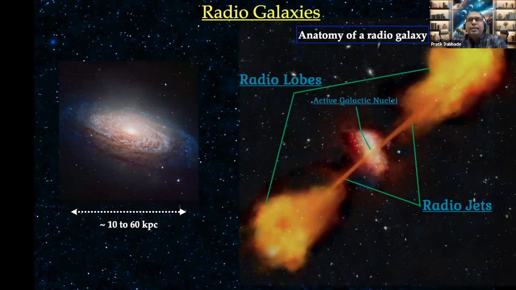And a typical radio galaxy has these characteristics, where the AGN sitting at the center of the host galaxy is producing these massive bipolar jets seen at radio wavelengths, and these jets go on to create massive lobes which terminate with hotspots. Typically this type of radio galaxy is called FR2, named after Fanaroff and Riley, where you have edge-brightened emission in the radio spectrum.